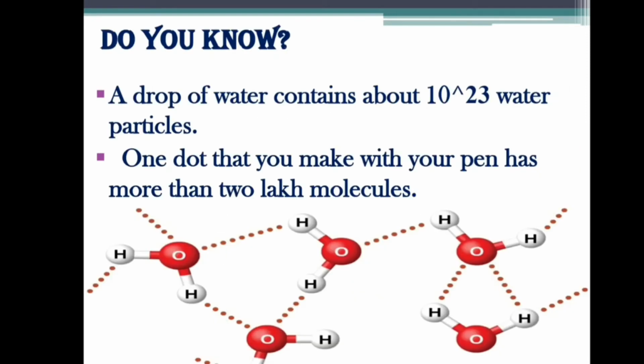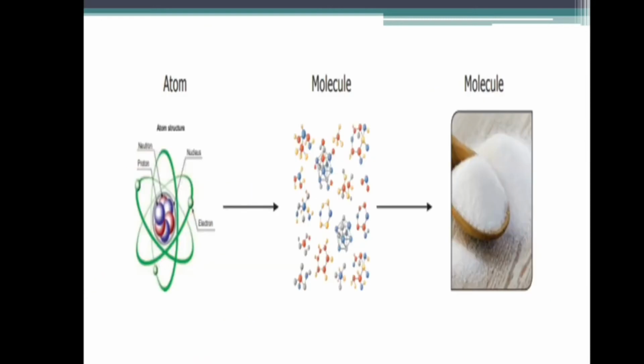Do you know? A drop of water contains about 10 to the power 23 water particles. One dot that you make with your pen has more than 2 lakh molecules. Here you can see that sugar is a molecule. This is the atom.